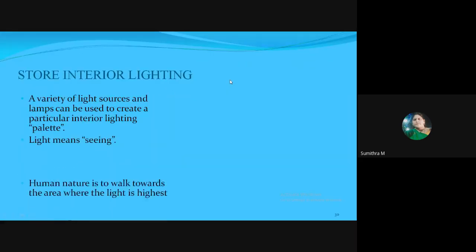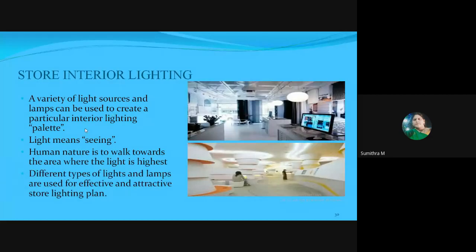Store lighting. A variety of lighting sources and lamps can be used to create a particular interior lighting palette. Lighting means seeing. In store lighting, normal primary lighting is used here. If you want to attract the customer, different types of lamps are also used for attracting the customers.